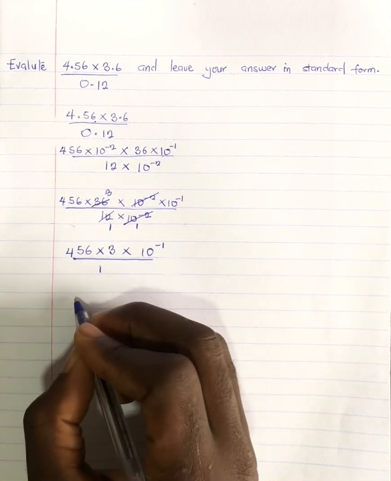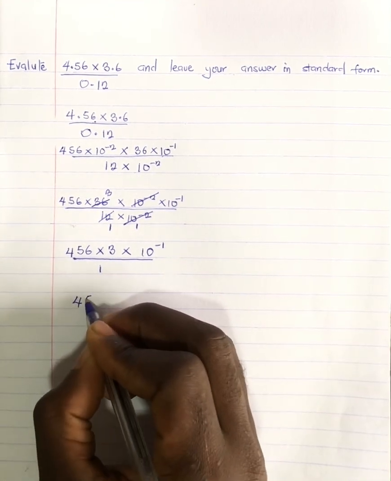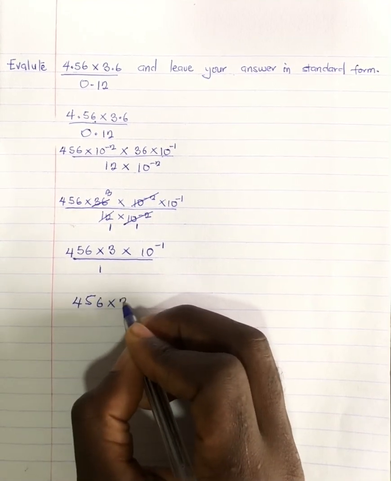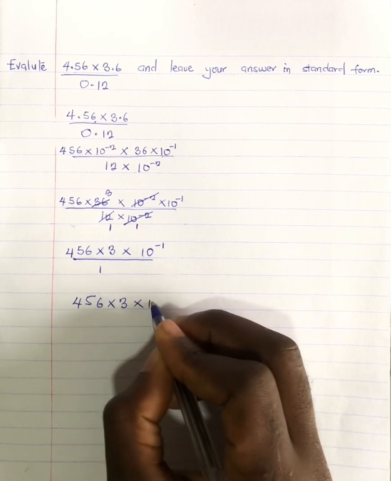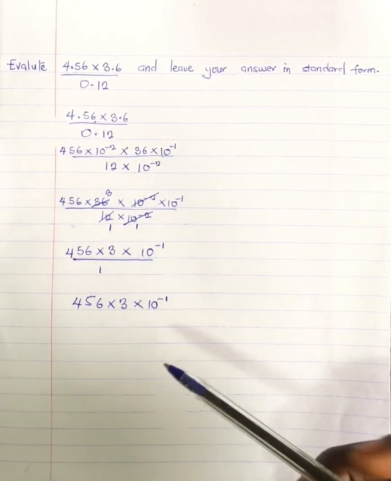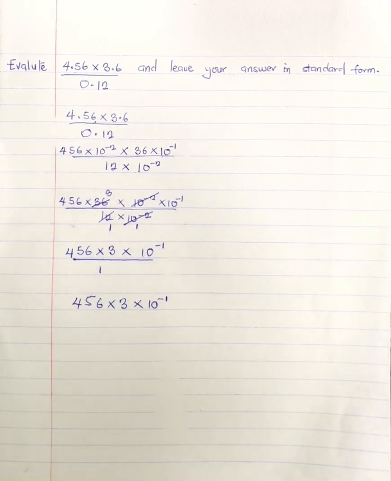Now we have 456 by 3 by 10 to the power of -1. So we multiply the whole numbers here.